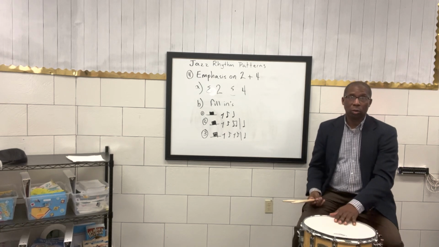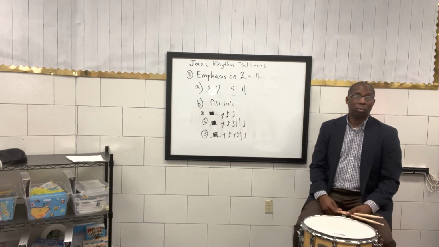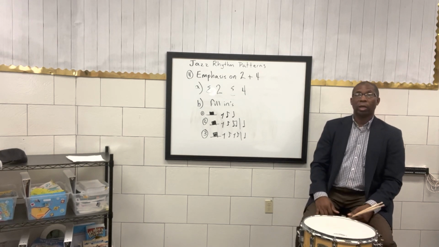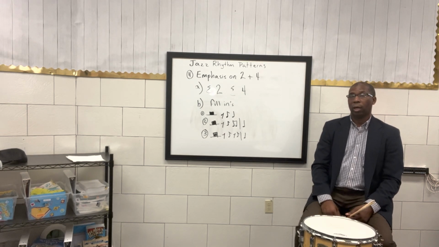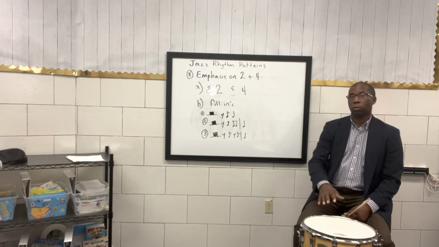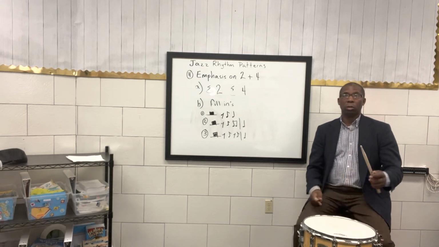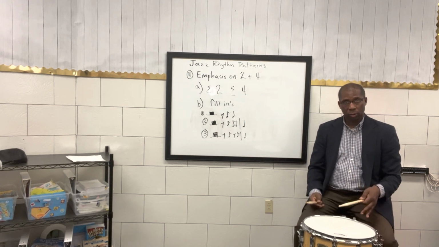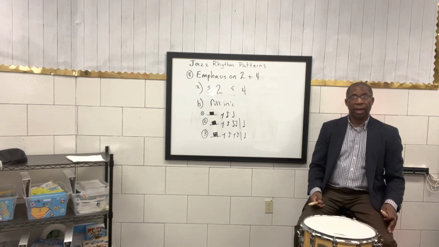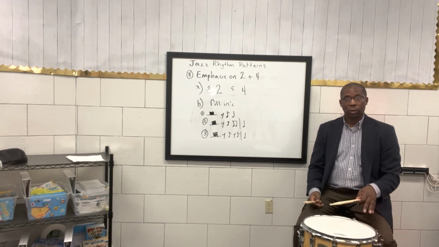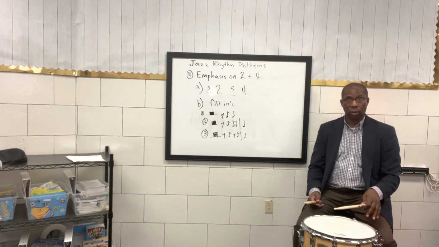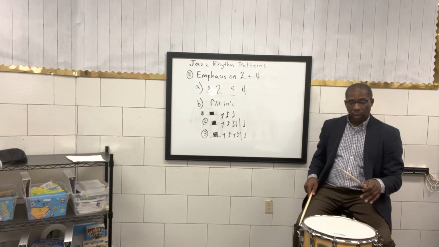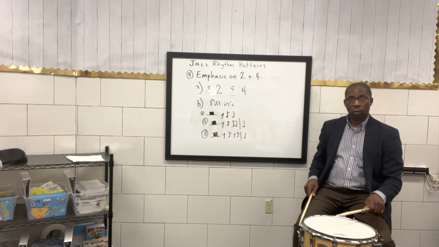I have a snare drum. Some of you may have access to a snare drum. I want you to get a snare drum out, and I want you to see how it feels to play this emphasis on 2 and 4 on the snare drum. We usually play this with the hi-hat or the snare drum. It's more so the hi-hat, but for right now, we're going to do it on the snare drum. And I want you to pat your right foot on 1 and 3 and play 2 and 4 on the snare drum.